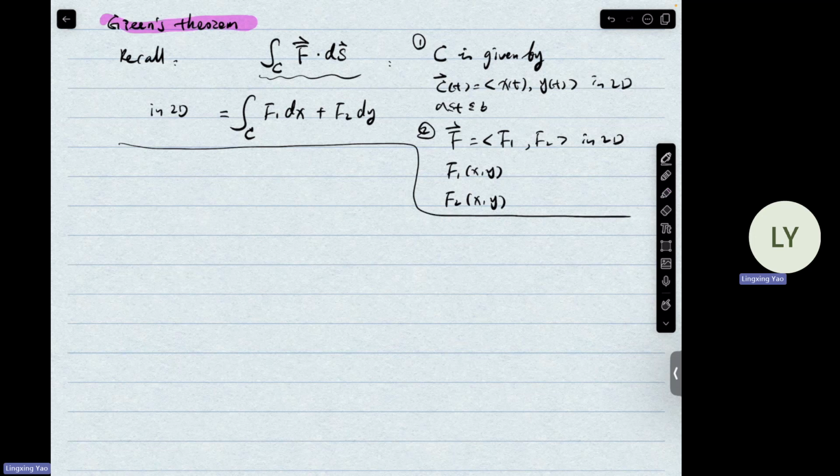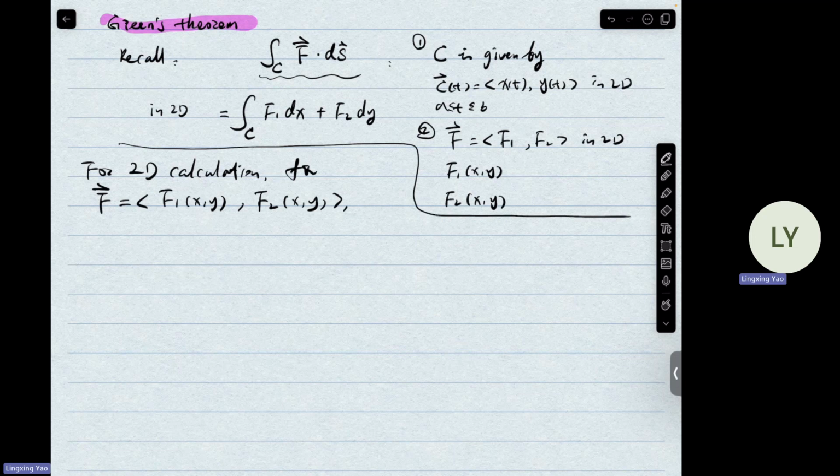So what is the context of the Green theorem? Here we want to point out that for 2D calculation, we have the Green theorem. For F, the vector field having two components, F1 and F2, both of them are functions of x and y variables.